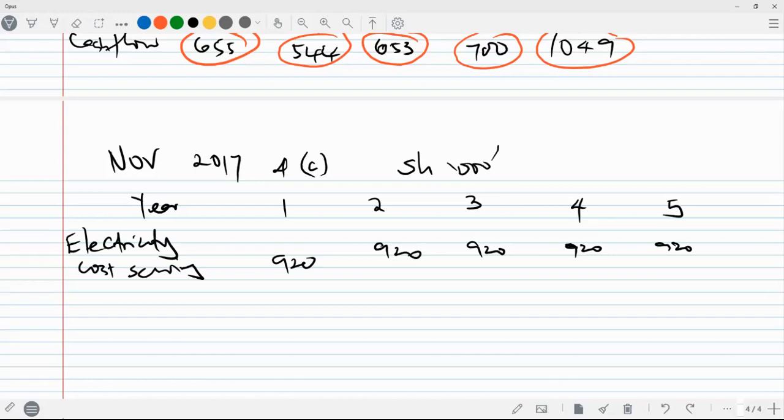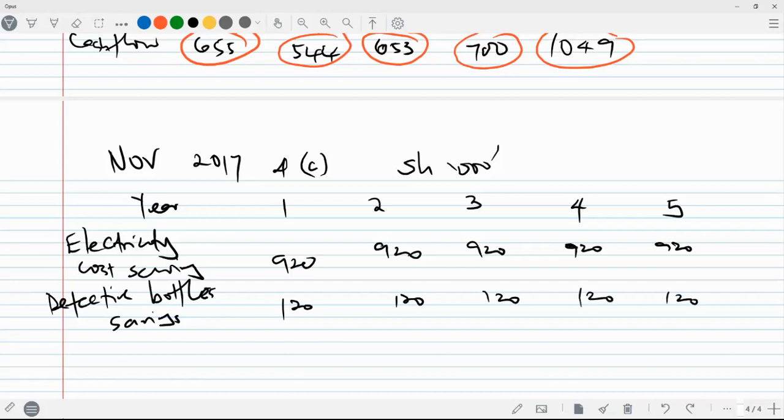Then you will also be saving. This is defective bottle saving. I'm not sure how to call it, so let me just call it defective bottle savings. You save 120 every year, 120, 120, 120, and 120.